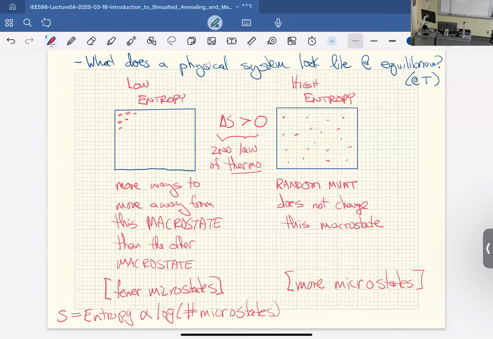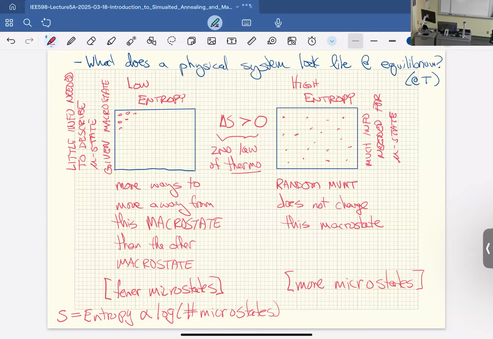So a low entropy here means there's little info needed to describe the microstate given the macrostate. And then over here, there's much info needed for the microstate given the macro.